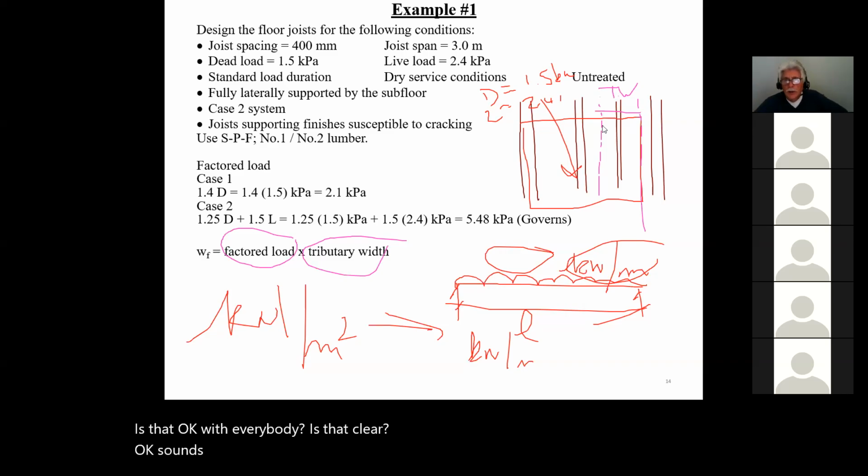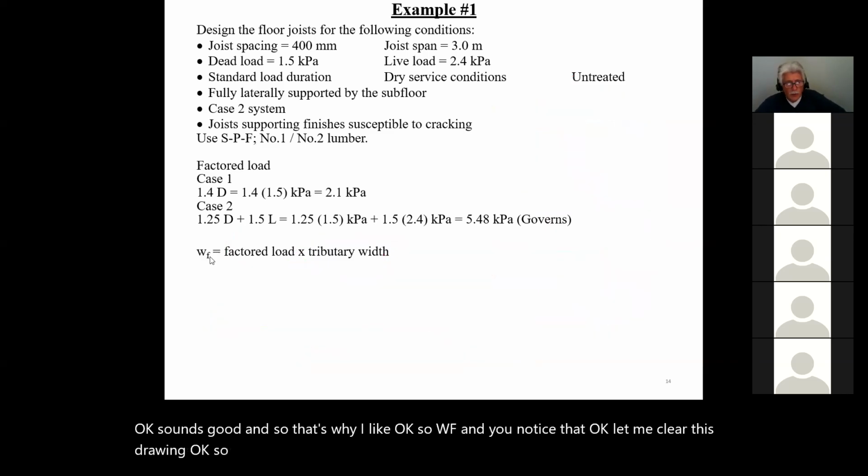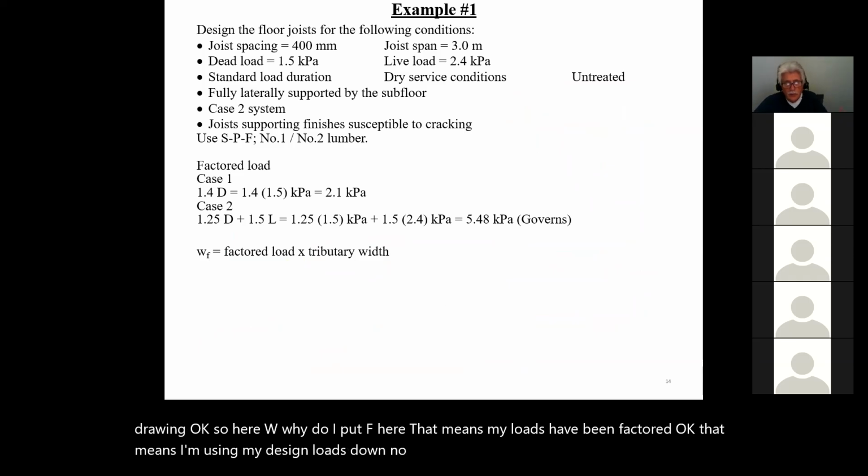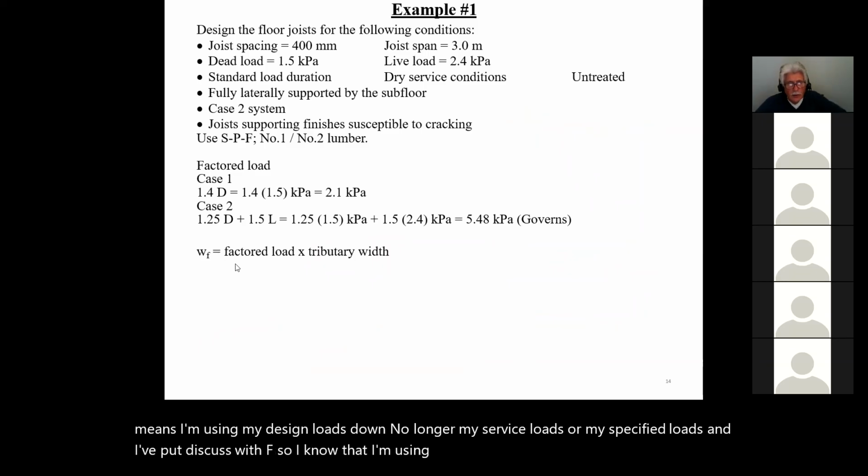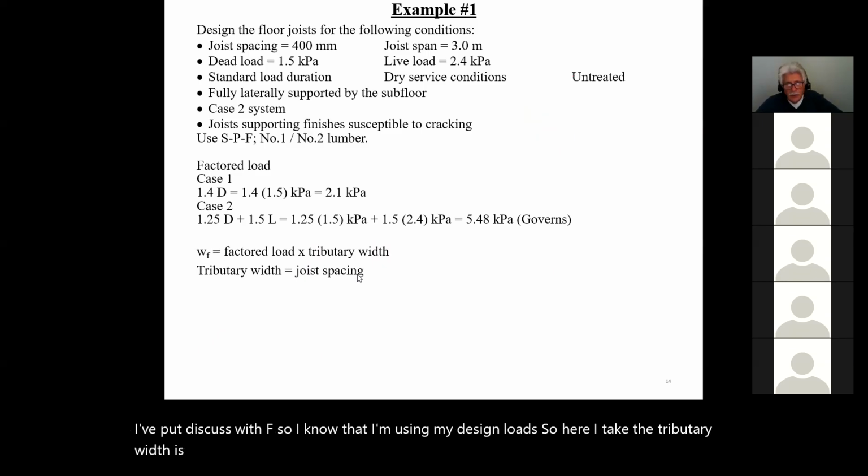And so that's why, let me clear this drawing, you'll notice WF. Why do I put F here? That means my loads have been factored. That means I'm using my design loads now, no longer my service loads or my specified loads. So here the tributary width is the joist spacing, like I just showed you.